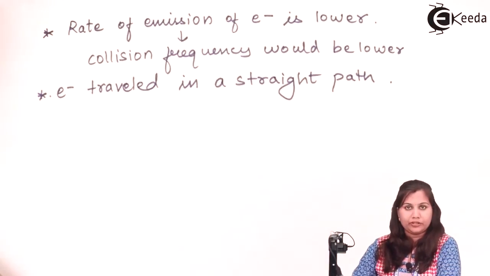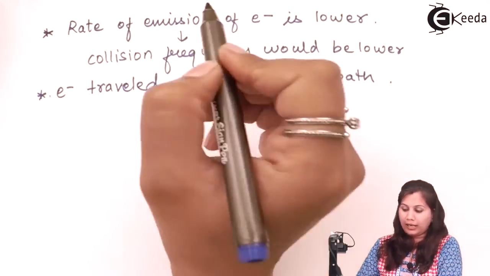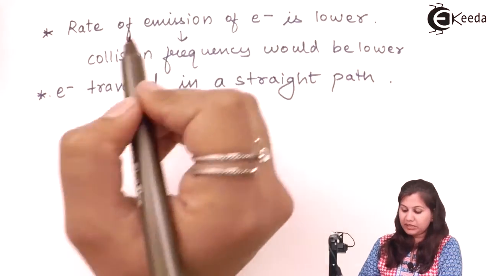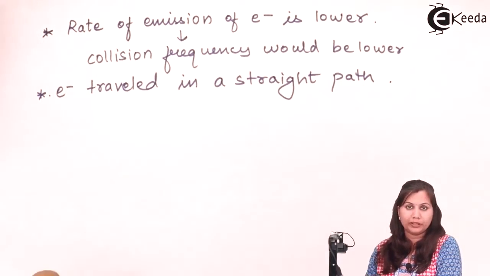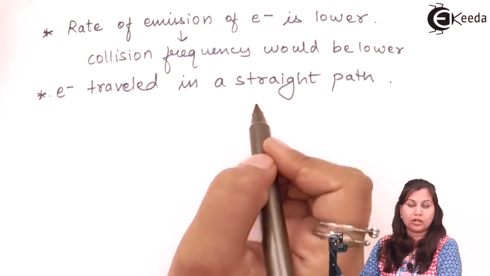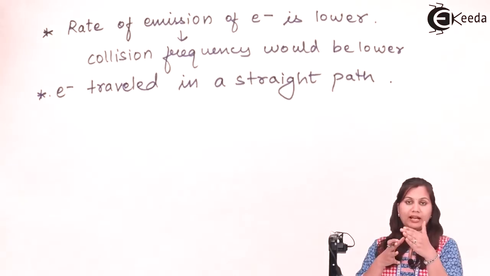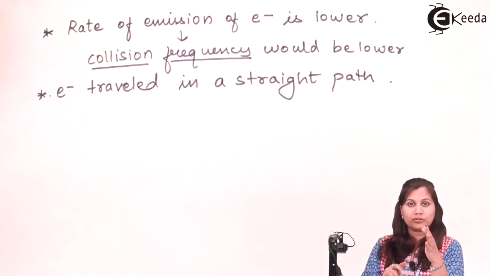Because a high potential field is used, the rate of emission of electrons is lower. It means the collision frequency between the electrons and the gas molecules or the atoms of the gas will also be lower. Also, if the electrons are traveling in a straight path, then the collision frequency percentage will be almost reduced.